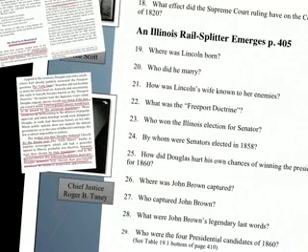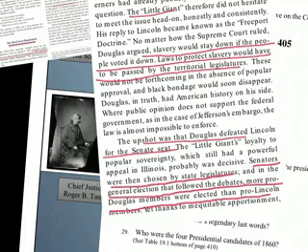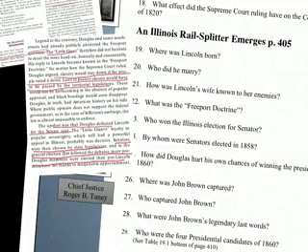So kind of a technicality, but by whom were senators elected in 1858? They were elected by state legislators, not by direct election of the people. So that's the answer to that question.